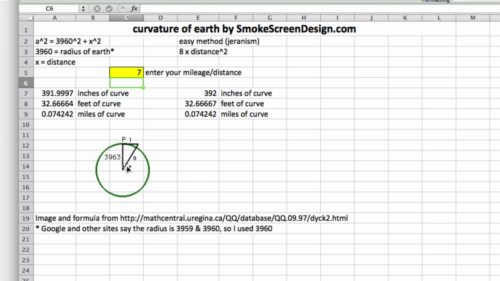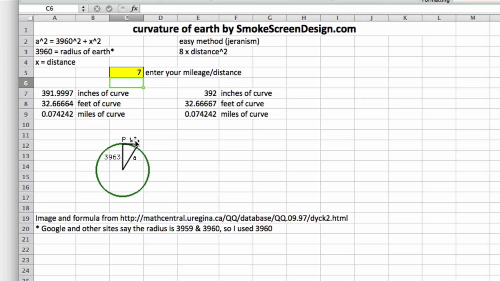And this is just using the Pythagorean theorem, where you have a right triangle and a squared equals b squared plus c squared. This is the point where the camera is, and this is where the ship is going out, and here we use the radius of the Earth, which I figured is 3,960.